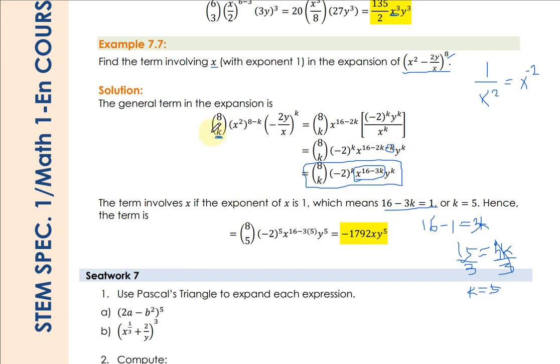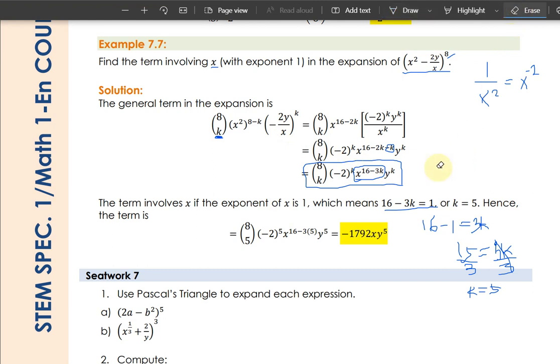So mo na siya itong substitute sa itong value sa itong k dere. So 8 combination of 5 minus 2 to the power of 8 minus 5. Yeah, 8 minus 5. Then, I mean, kanina itong gamitan.